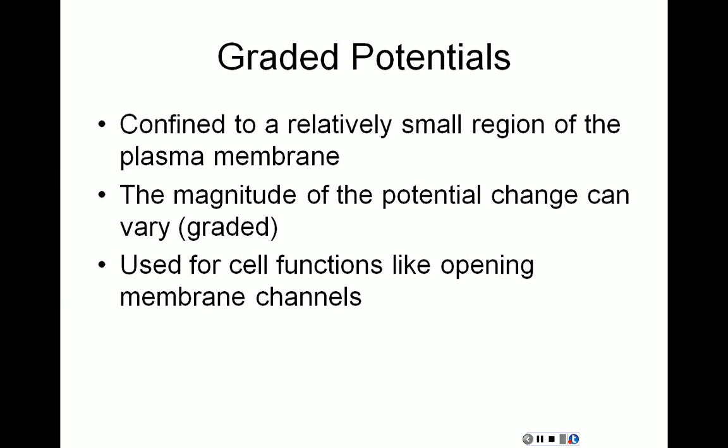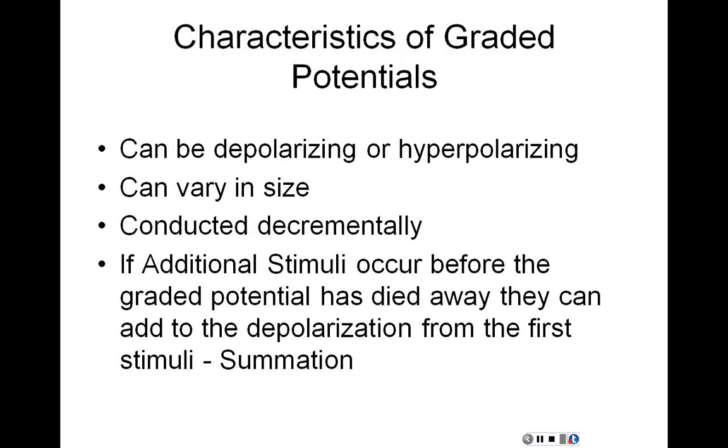Graded potentials are short distance signaling, confined to a small region of the plasma membrane. Their magnitude can change, which is where the word graded comes from. They're used for things like opening membrane channels. They can be depolarizing, making the cell less negative, or hyperpolarizing, making the cell more negative.